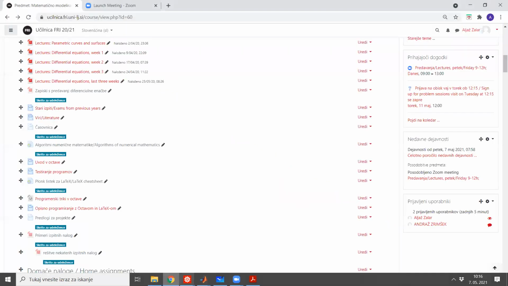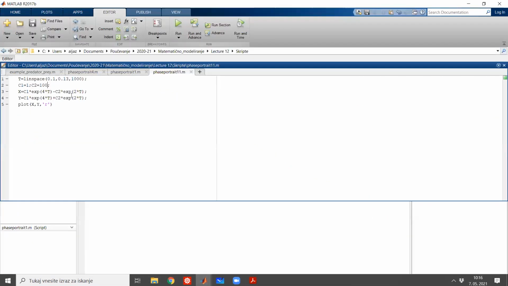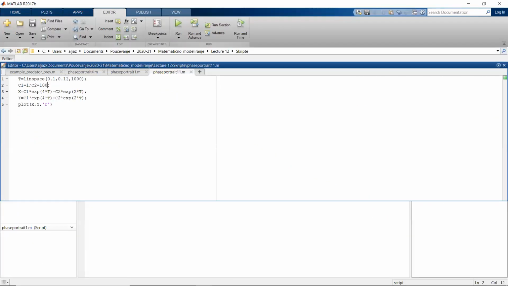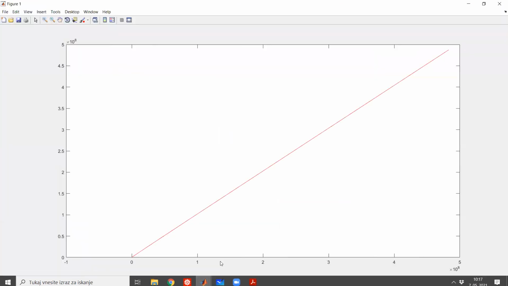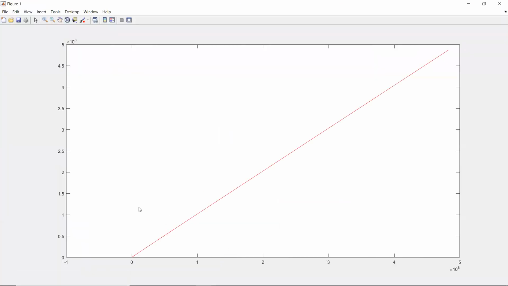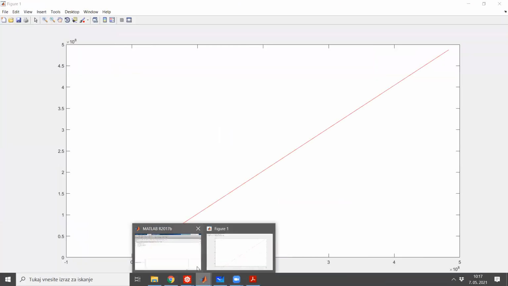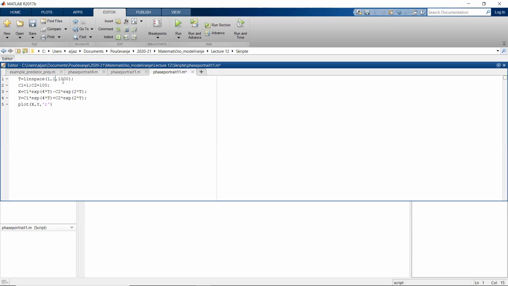What I did, 0.3. Now I'll take 1 to 5. Yeah, now it's already too big. So 1 to 1.3.